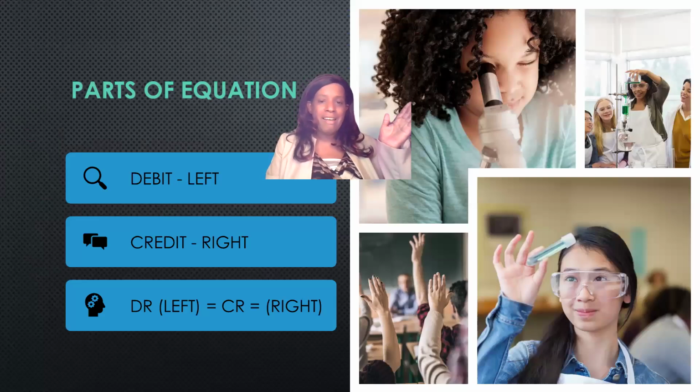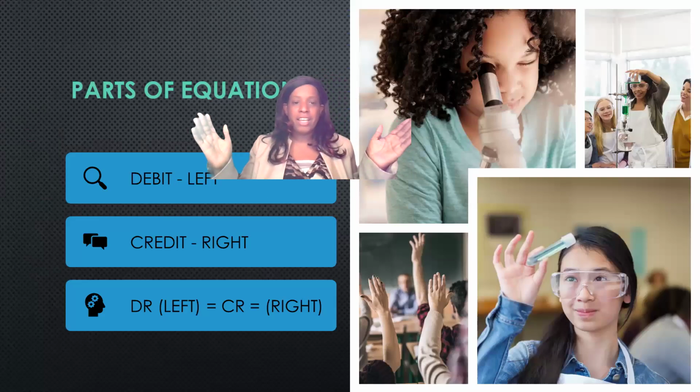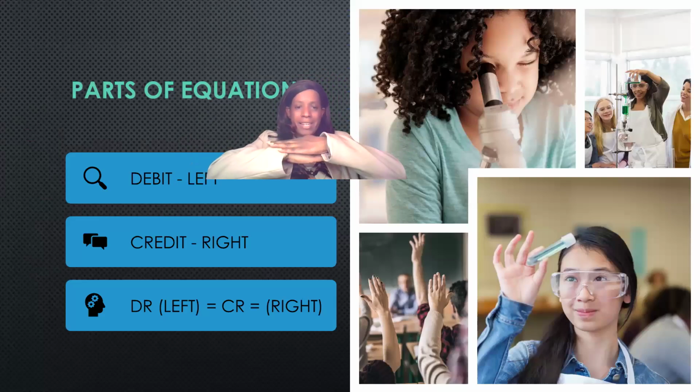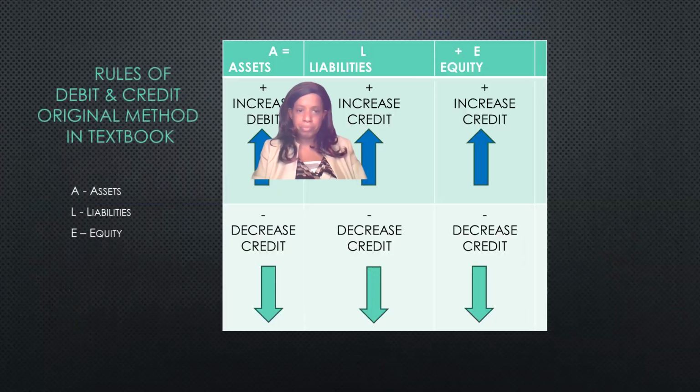There has to be a left side and there has to be a right side so it can do what? Balance. So I want everyone to know that. You just have to learn it. So it can balance. There must be a debit and there must be a credit.